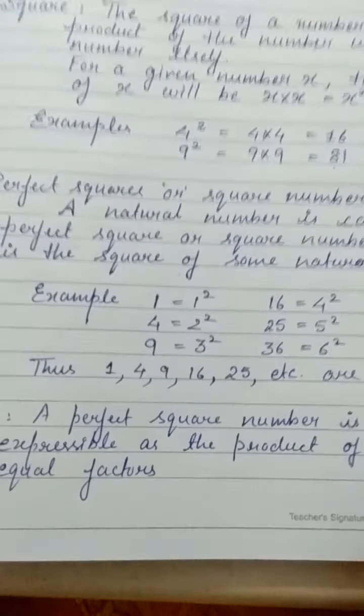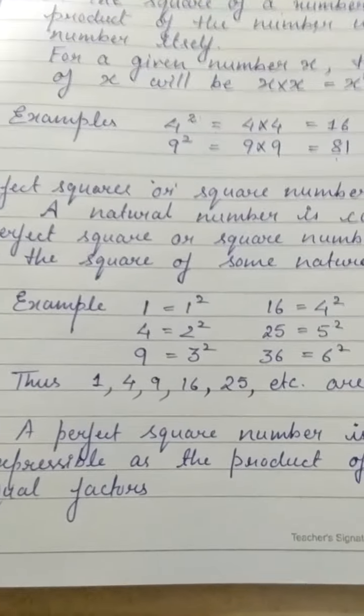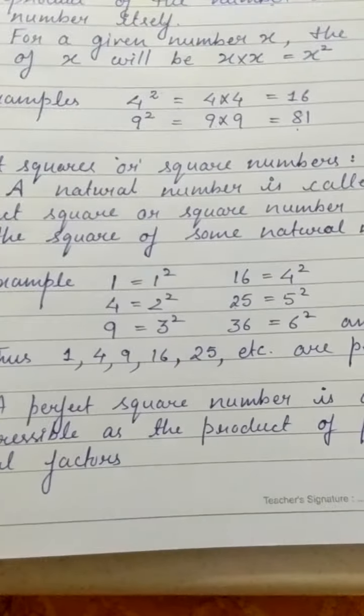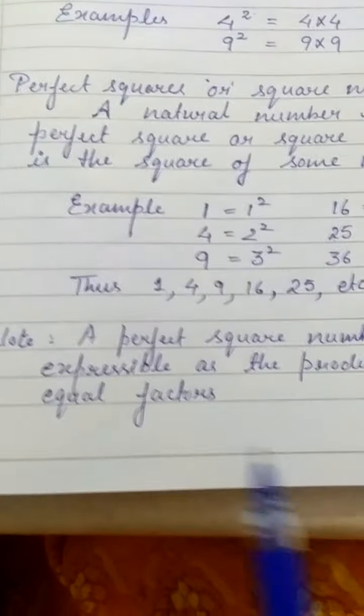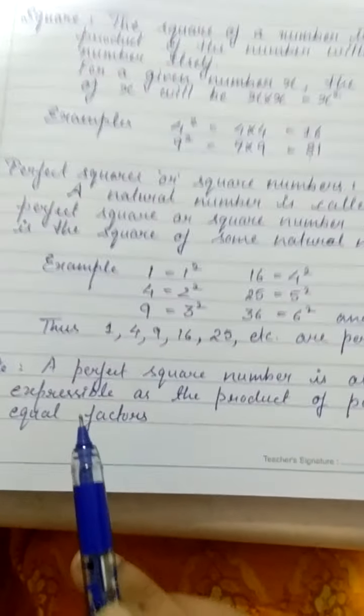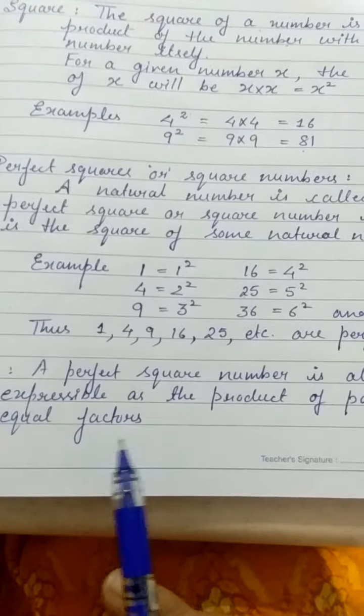Perfect square numbers. These numbers are known as perfect squares because they are square of some natural number. Note, children, a perfect square number is always expressible as the product of pairs of equal factors.